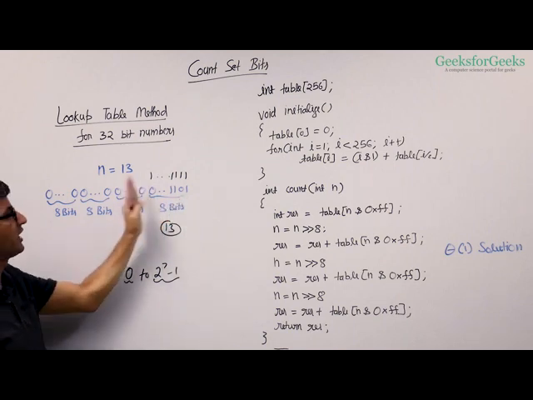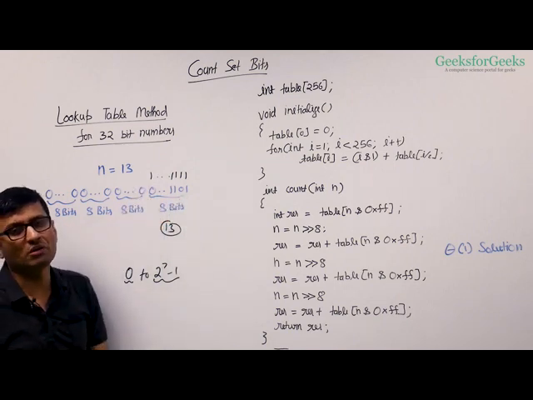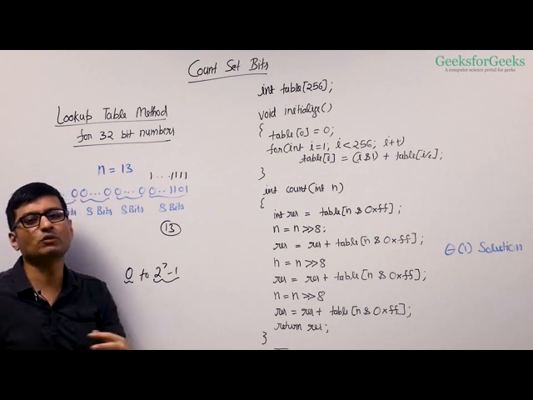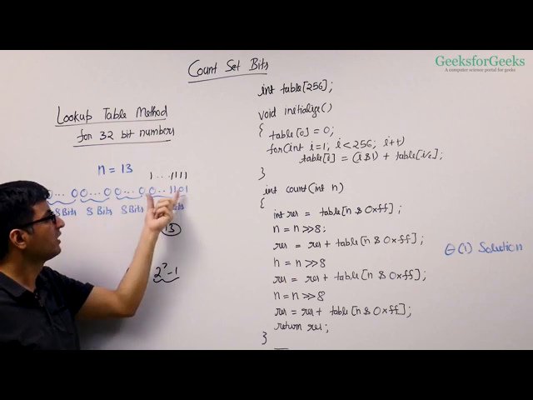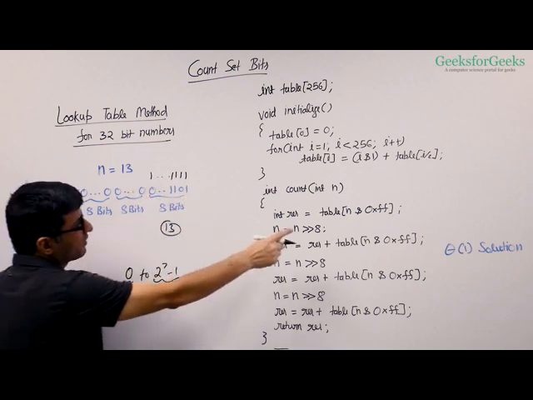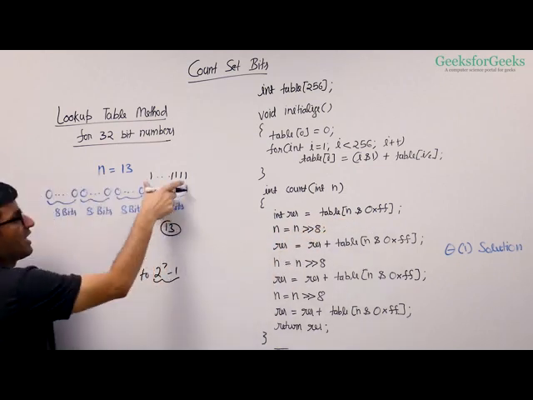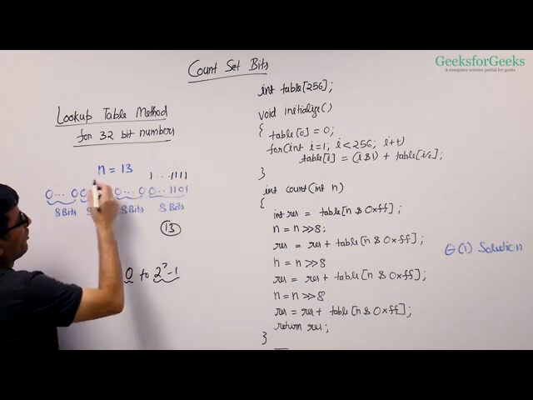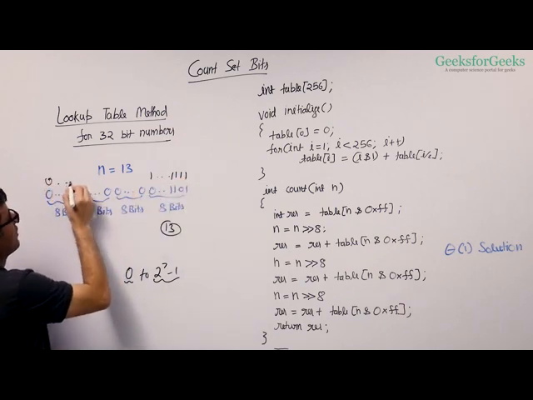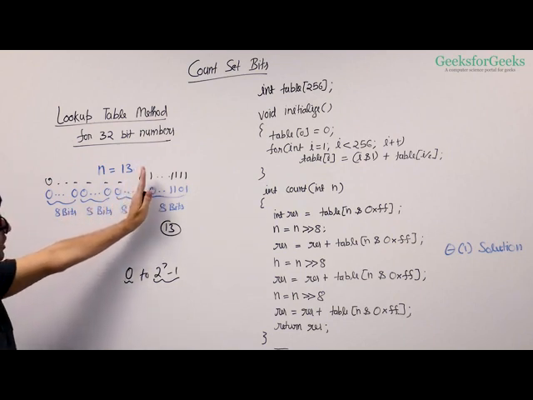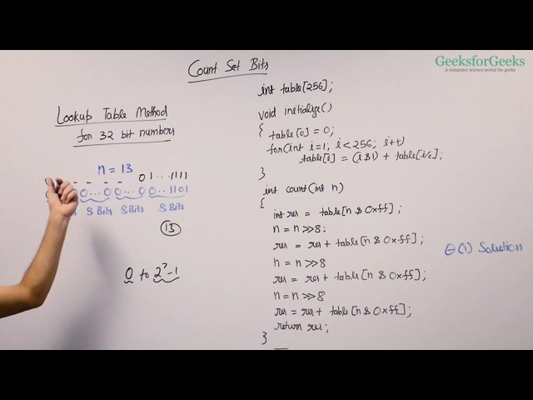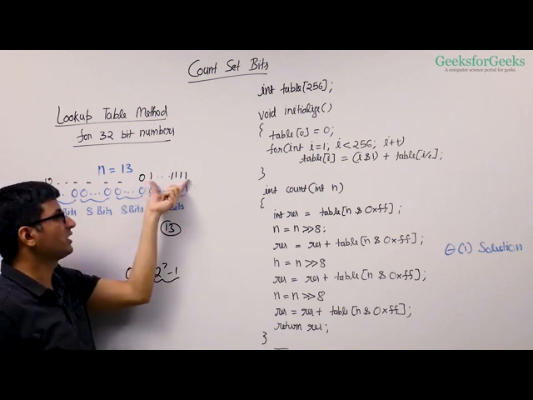Here you are getting 13, but suppose your number was bigger than 255. Say it was 256, then you would have got 0 here, right? Because this number 0xFF has last 8 bits as 1 and all the other bits as 0. So it is going to make all the other bits 0 in the result, and it's going to consider only the last 8 bits.